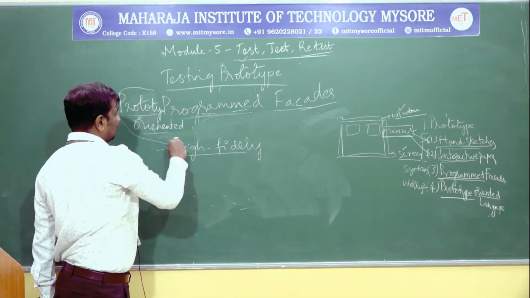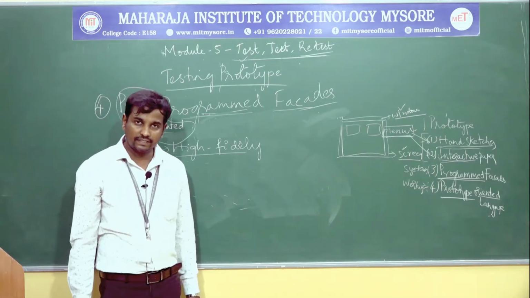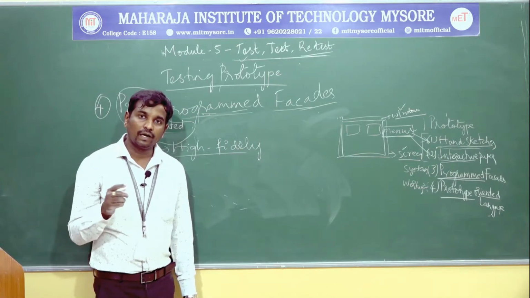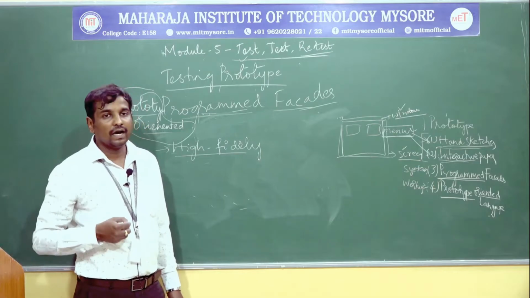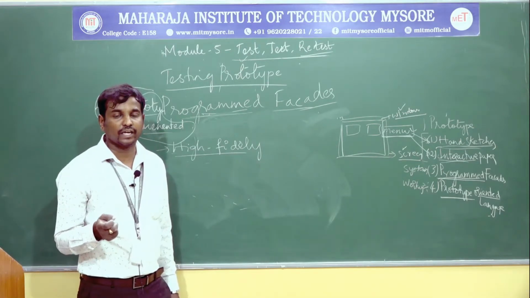So when we conclude this and go for the testing, first we need to identify the prototypes by using a hand sketch or an interactive one, and we need to use an appropriate programming language for the prototypes.